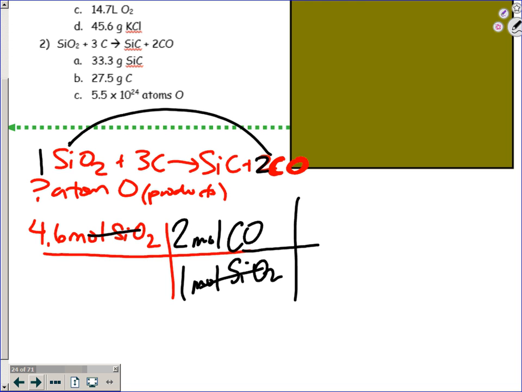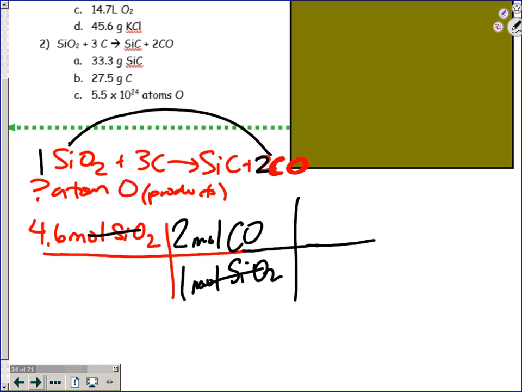Now I can get to just singular oxygen. But I can't get there straight away. It's going to take me 2 steps. So I have to go from this carbon monoxide molecule to atoms of oxygen. So what do I need to get now? Use Avogadro's number to get to what? Not to atoms, because this itself is not an atom. This is a compound, right?